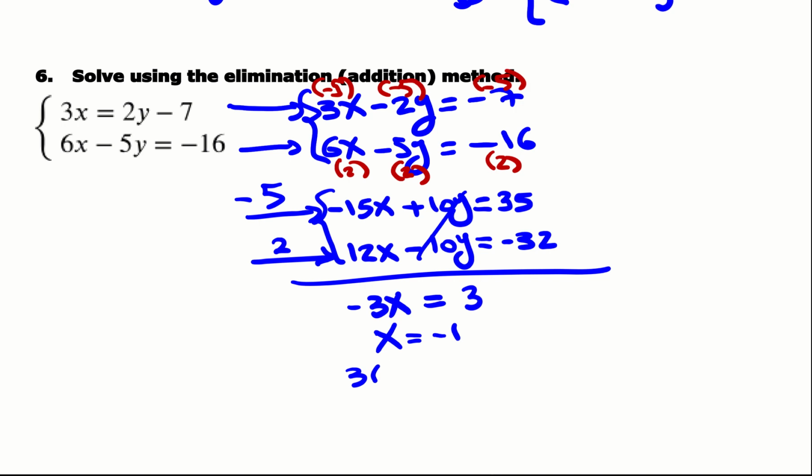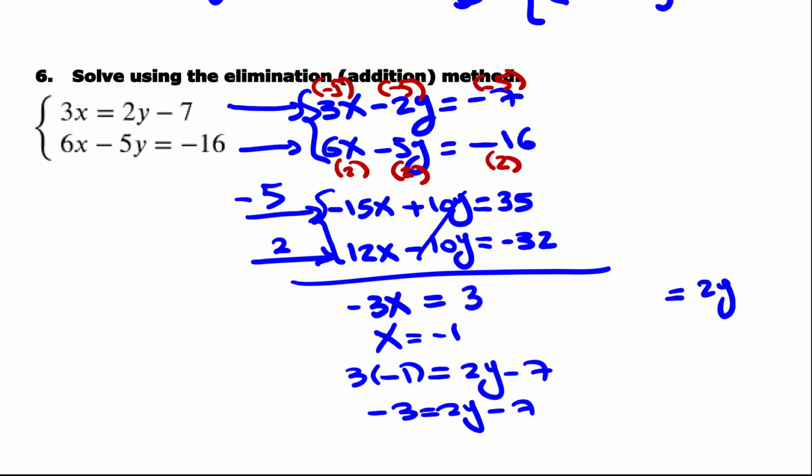So we get 3 times negative 1 equals 2y minus 7. So negative 3 equals 2y minus 7. So we get 2y equals negative 3 plus 7. So 2y equals 4. So y equals 2.